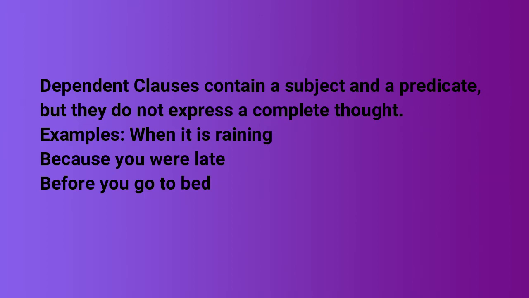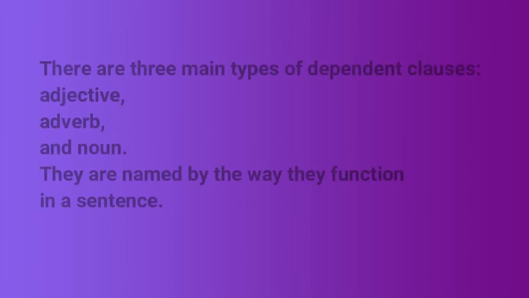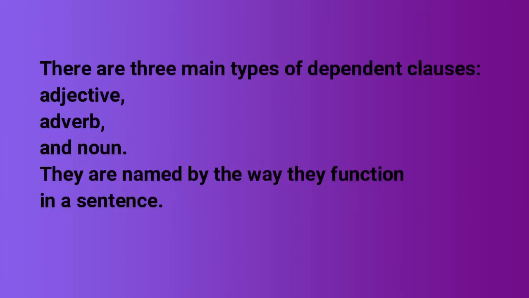Dear students, please understand there are three main types of dependent clauses. First one is adjective clause, second one adverb clause, and third one is noun clause, and they are named by the way they function in a sentence.